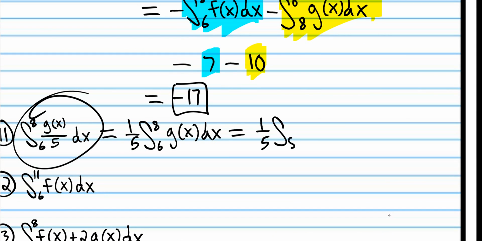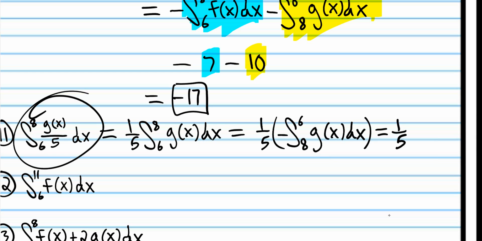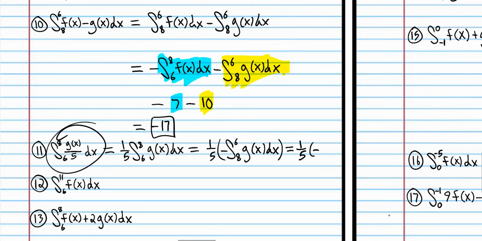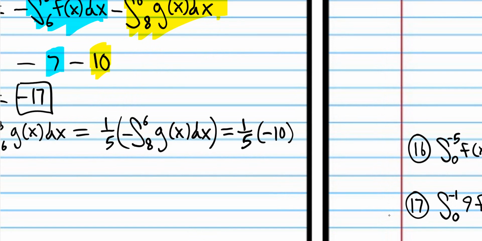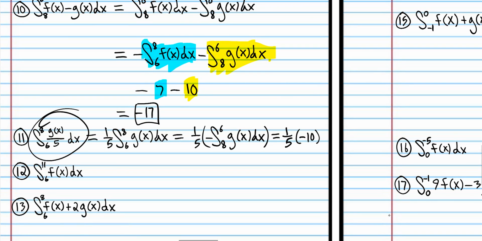We reverse the limits of integration. And when we do that, we have to change the sign. So I have to put a negative in front of there. And so then we have 1/5 times negative of whatever that value would be, and we know that that value is 10. And so we simplify, and we get -2, it looks like.